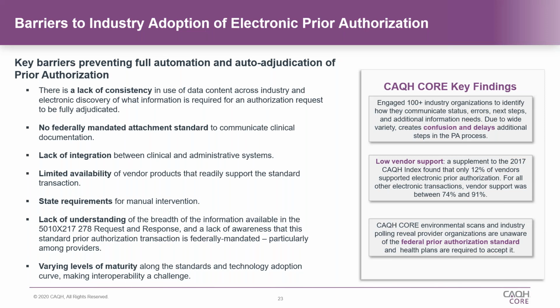The first barrier we heard was a lack of consistency in the use of data content across the industry, and in what can be used in the 278. There was really a lack of standardization of data content use. In response to this barrier, you will see the data content rules that have been worked on by CAQH CORE participants to try to address it.